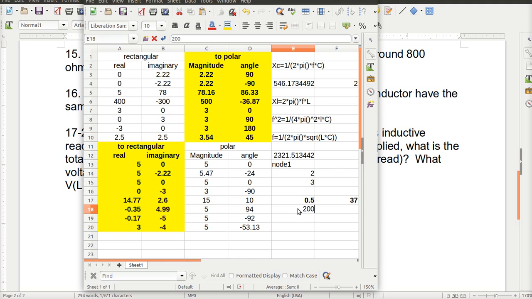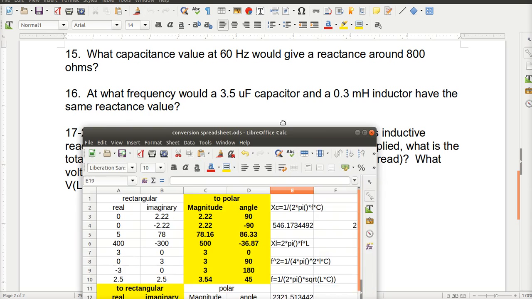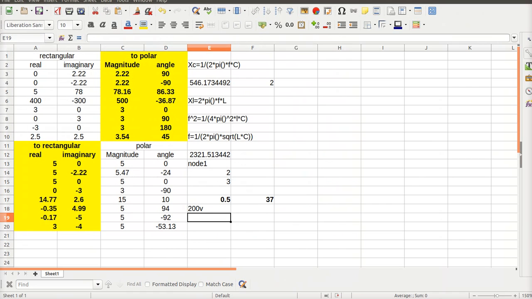Or 200 volts. 0.5 times 500 ohms of inductive reactance will give you a 250 volt drop.